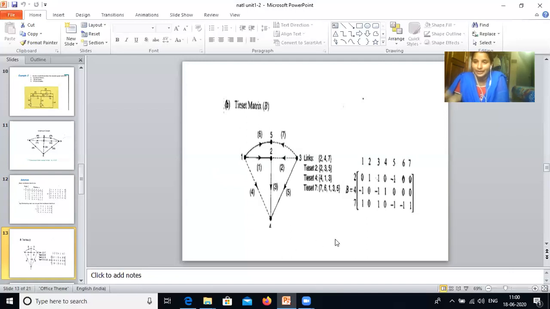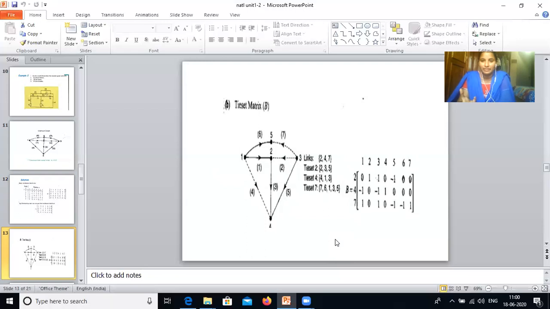The tree branches are 1, 3, 5, 6 and the links are 2, 4, 7. So tie-set matrix means if we add each link, we get a loop.